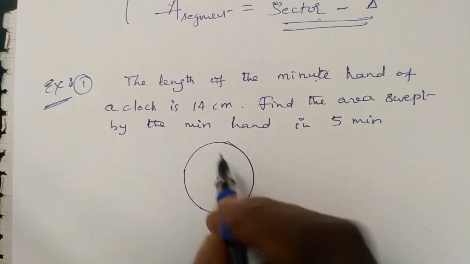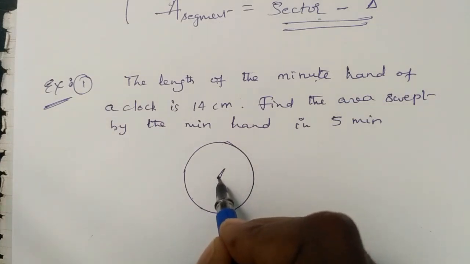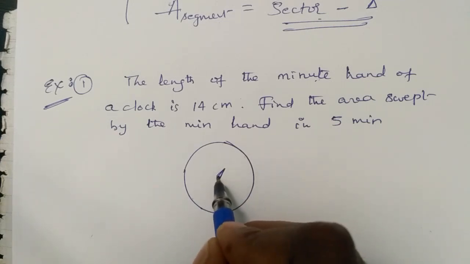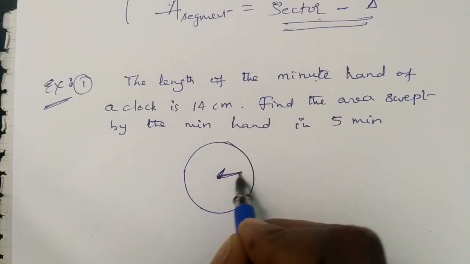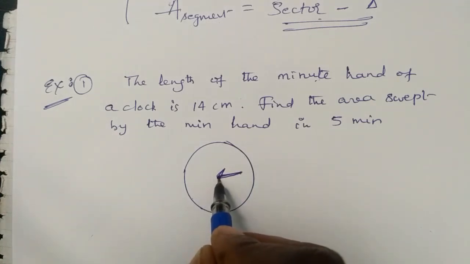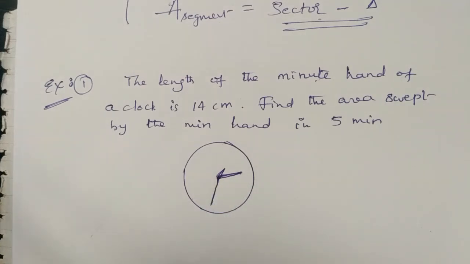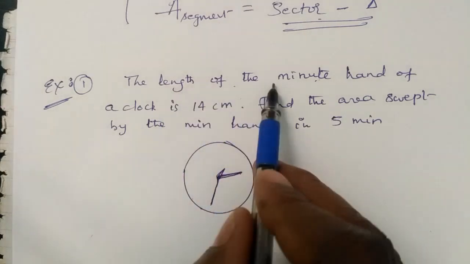We know there are three hands. One is the smaller and broader one, that is the hour hand. Another one is lengthy and somewhat thin, that is the minute hand. One more is very lengthy but so thin, that is the second hand. The question is about the length of the minute hand.